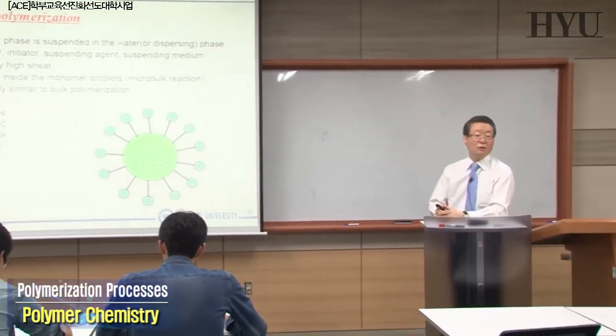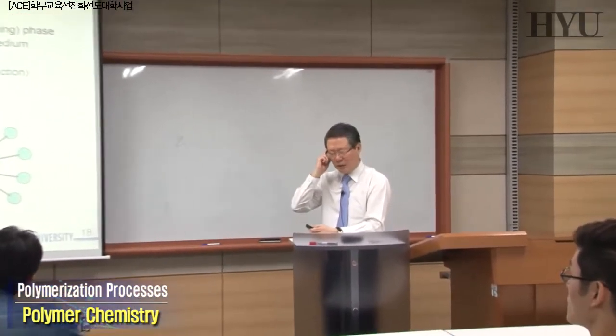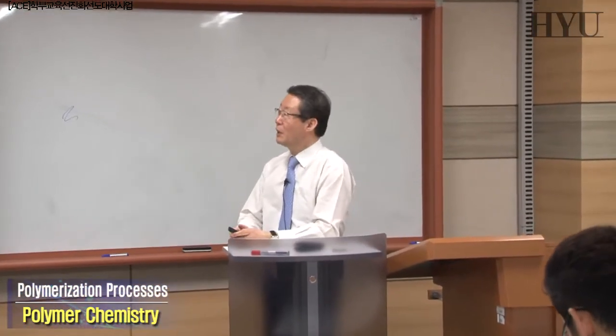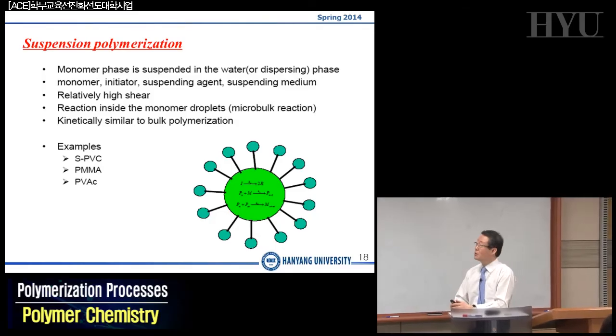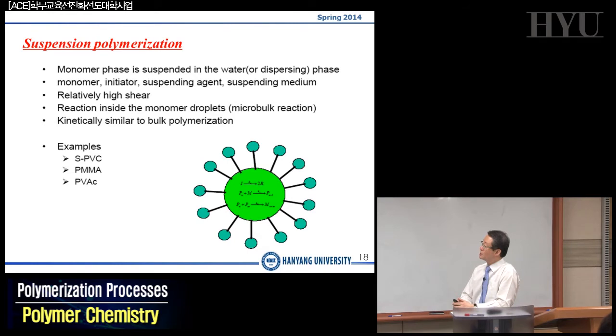We have another two heterogeneous systems. Okay, heterogeneous systems. The first example is the suspension polymerization reaction. Okay. Now, when you have monomer and initiator, and these monomer and initiators are suspended in a water system or aqueous system.